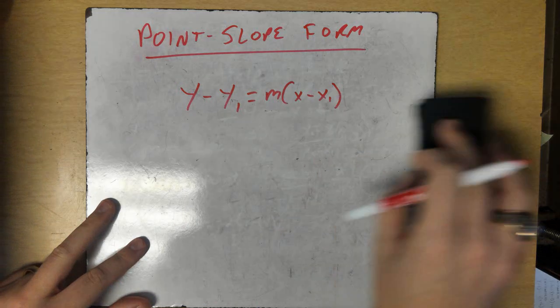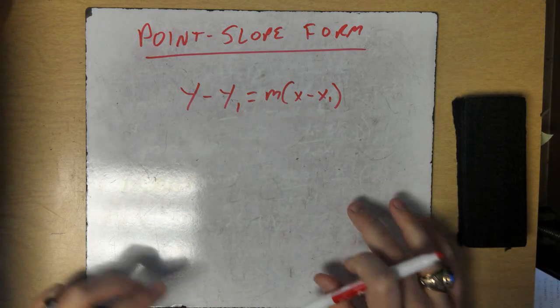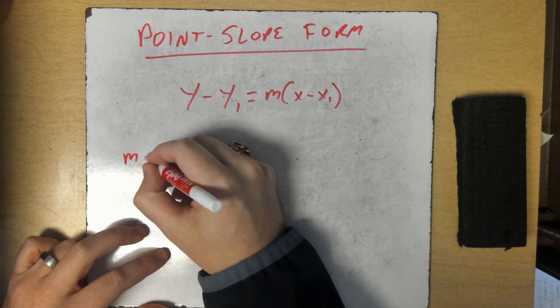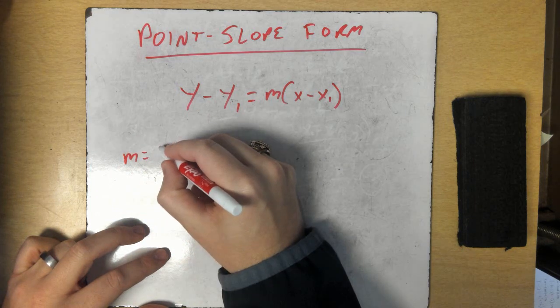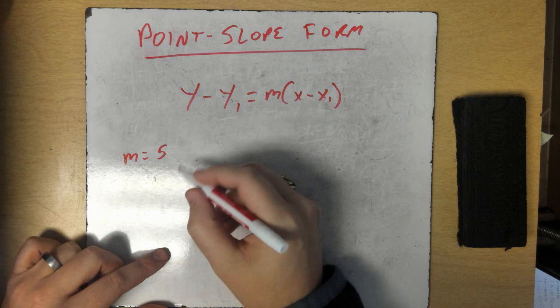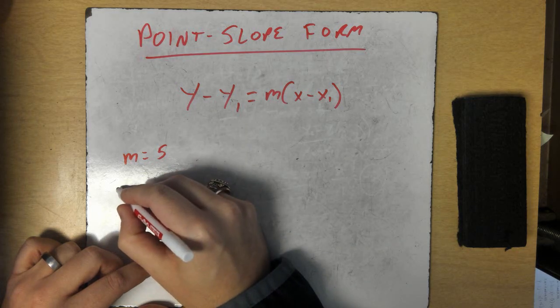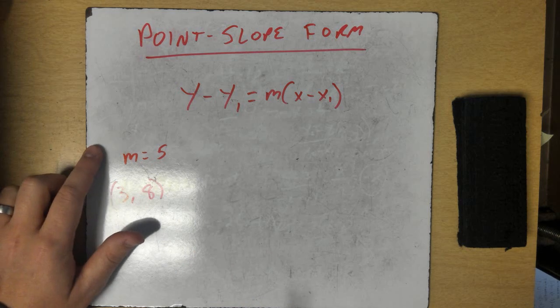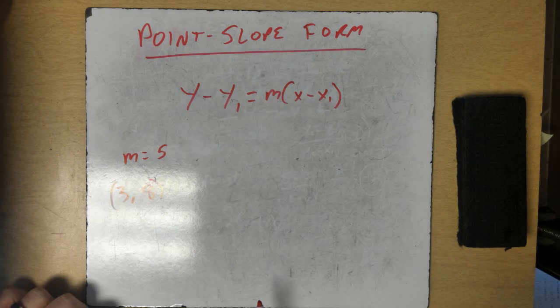Let's do some examples. Let's say we're given a slope, remember, slope is m, a slope of 5, and we're given a point of 3, 8. So a slope of 5, a point of 3 and 8.